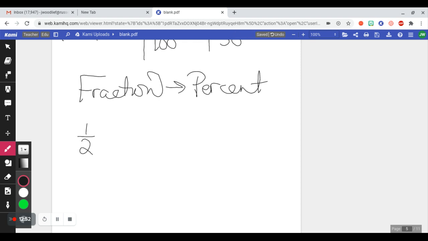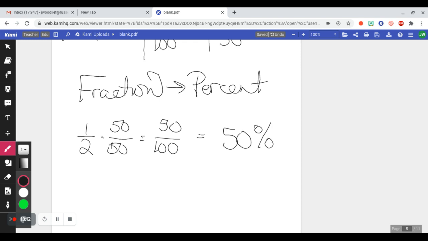If I want to go to a percent, if I can force this to become 100 on the bottom, my top number is the percent. So if I multiply this by 50, 2 times 50 is 100. So now 1 times 50 is 50. So I know my percent here is going to be 50%, because your percent is always out of 100. That's the whole percent is 100%.